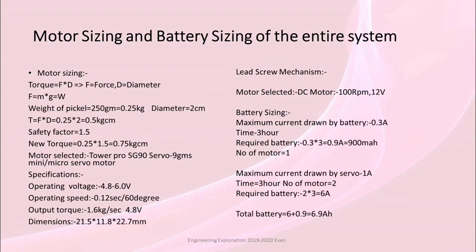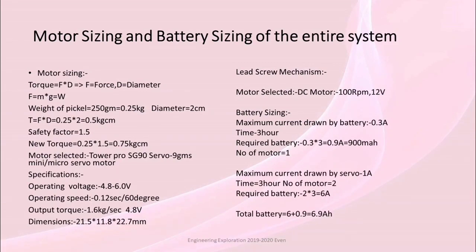If we multiply the safety factor with the weight of pickle, we get the new torque. The safety factor is 1.5, so 0.25 times 1.5 gives the new torque, that is 0.75 kg centimeter.